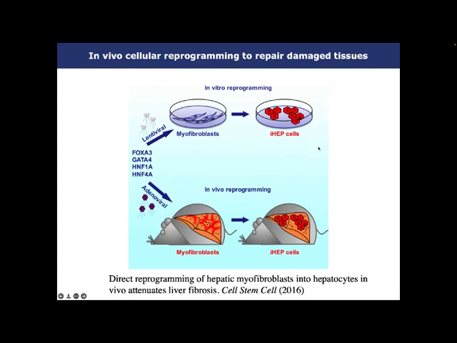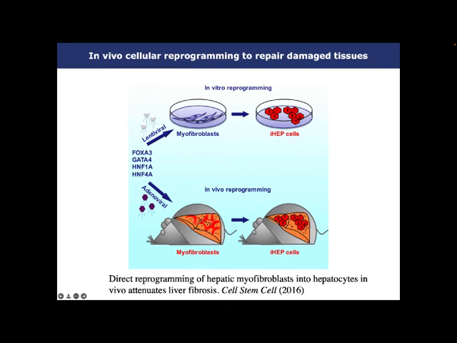A similar strategy can be applied for liver disease. When the liver is damaged harshly, this damage increases fibrosis. So fibroblast-like cells are integrated into the liver and make the liver more hardened.